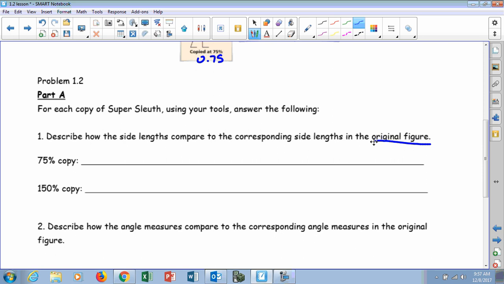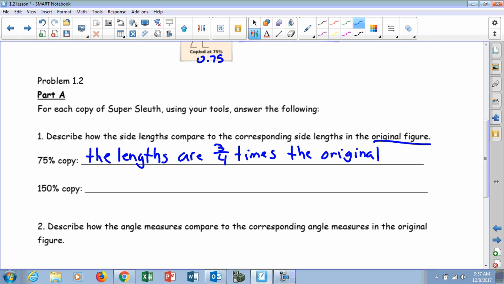So if it's 25% smaller, the lengths are 3/4 times the original. Because 75%, or 0.75, is 3/4, right? So it's a quarter smaller than the whole, right?